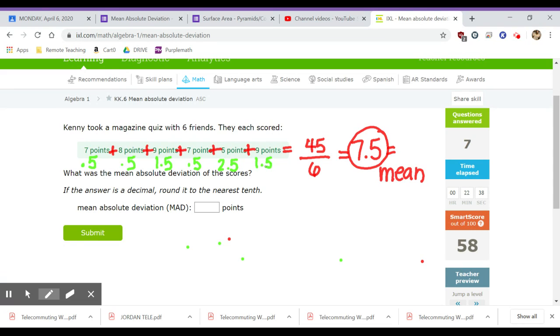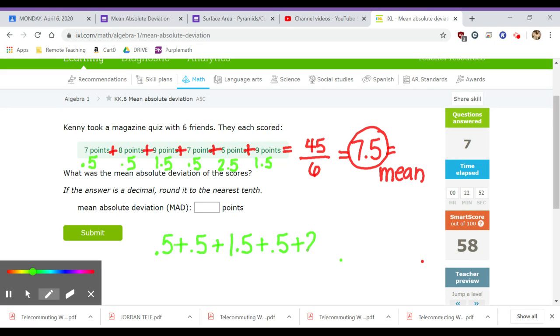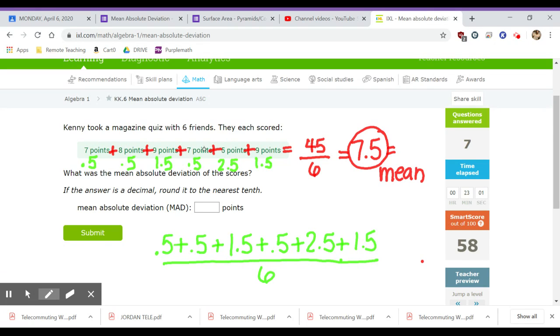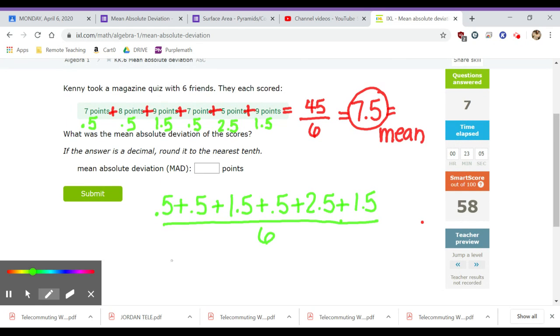So I'm going to take all those and add them together and divide by how many I have. I'm finding the mean of these numbers. So 0.5 plus 0.5 plus 1.5 plus 0.5 plus 2.5 plus 1.5, and I'm going to divide that by 6. Okay, I'm going to type this in my calculator.